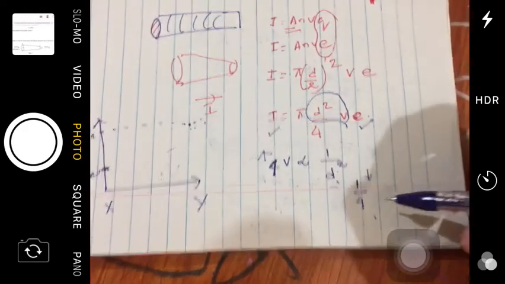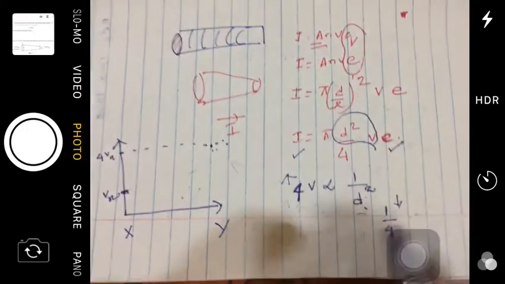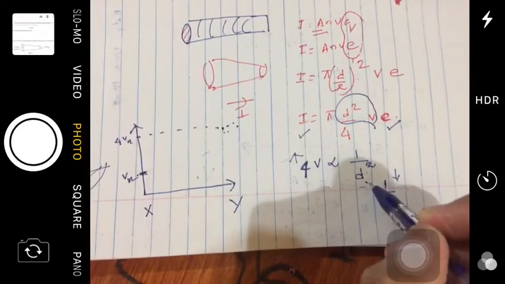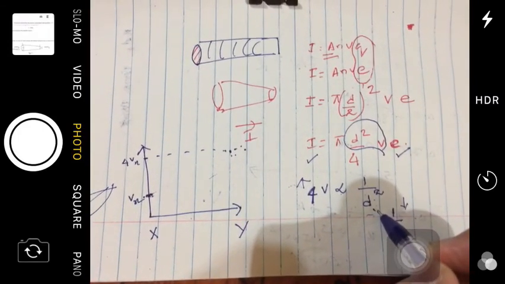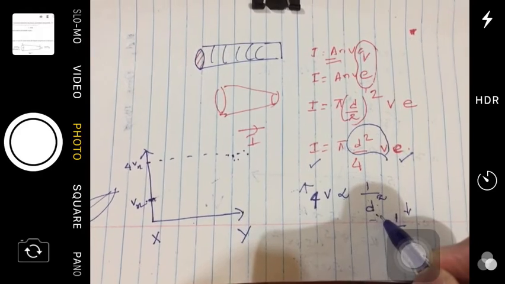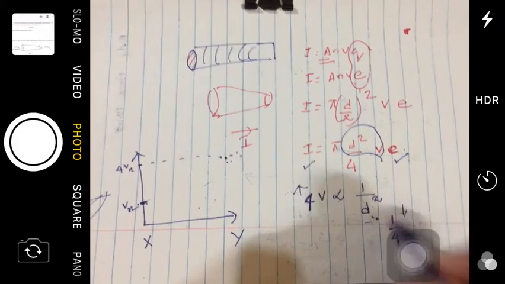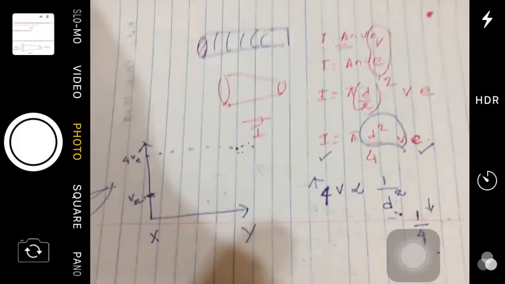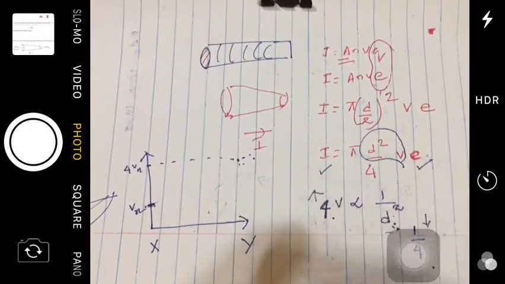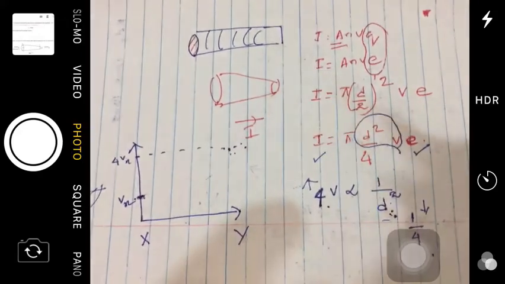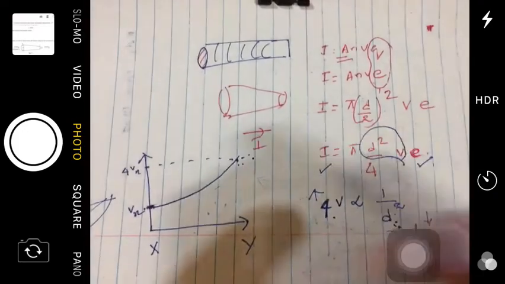Now you can see this is an inverse square relationship, right? So compared to the diameter, the velocity would increase more rapidly. Hence, it should be a curve that is curving upward with an increasing gradient.